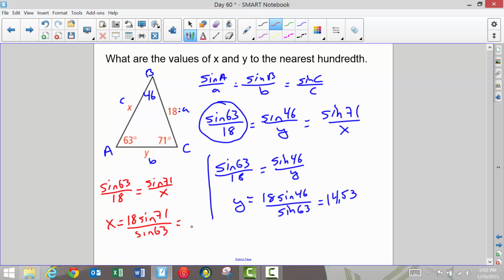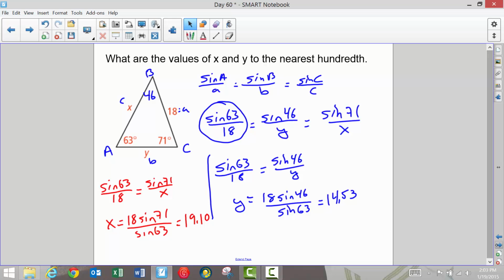Use my calculator: 18 sine 71 divided by sine of 63. And I get 19.10. And those are my answers for x and y.